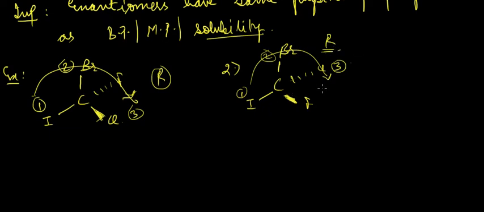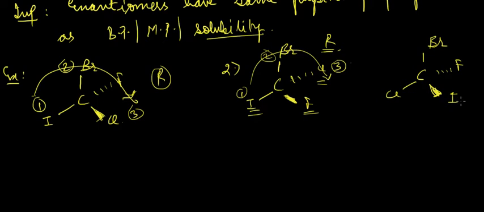So this is R. So what if we exchange the positions of fluorine and iodine, and then iodine and chlorine? So these three atoms' positions I changed. So it would be something like, if fluorine comes here, bromine comes here, iodine comes here, and chlorine comes here.